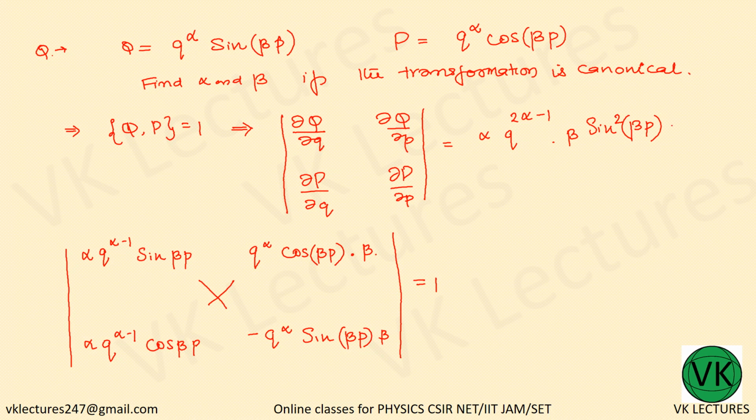Again you have, so this is minus, again you have minus, so alpha q to the power 2 alpha minus 1 cos square beta p times beta, equal to 1.